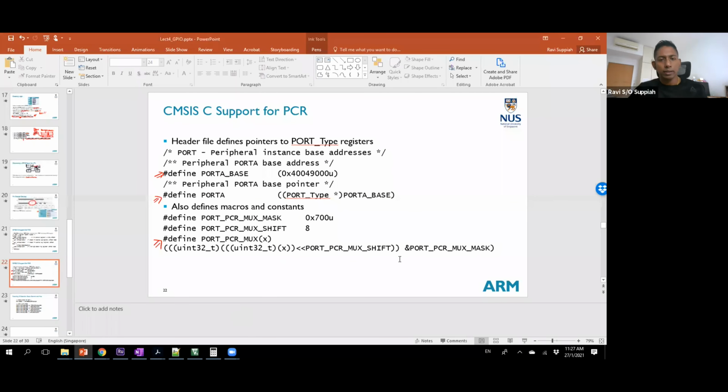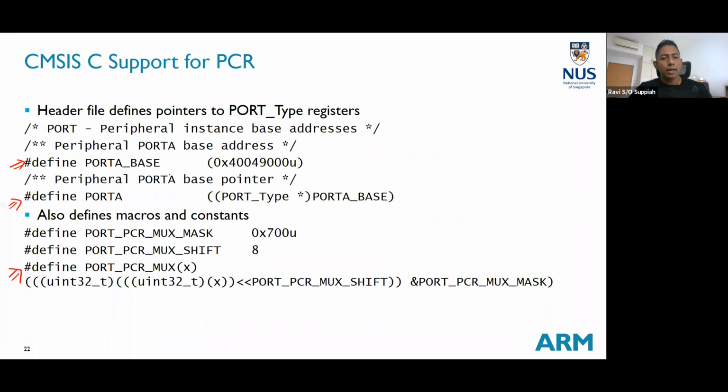In terms of the configuration, we use this macro over here. This macro takes an X value. In this case, for example, I want it to be configured as GPIO, so I put a value of 1, because the max value has to be a 1. And this 1 is shifted left by 8.